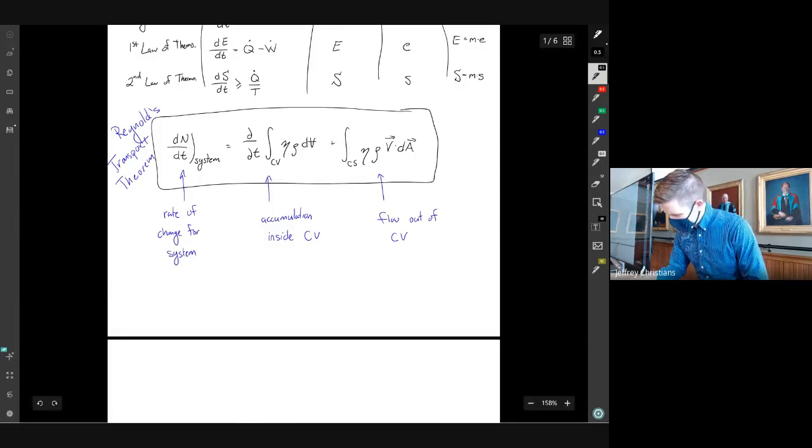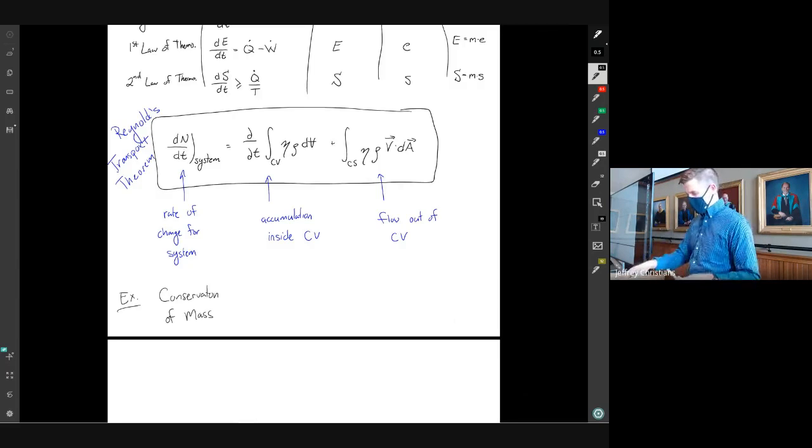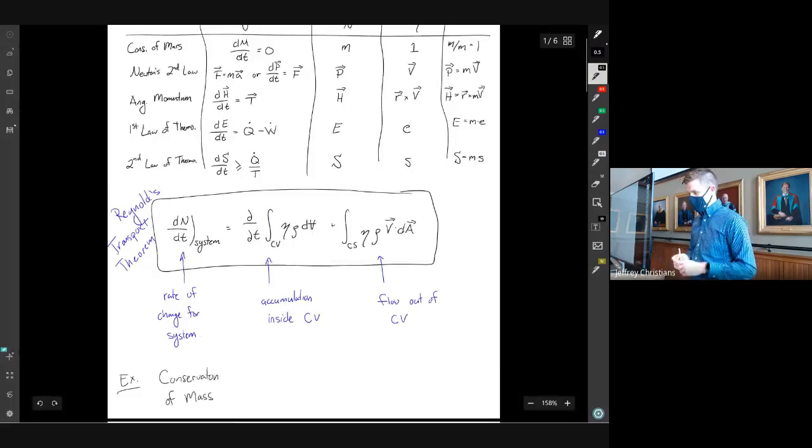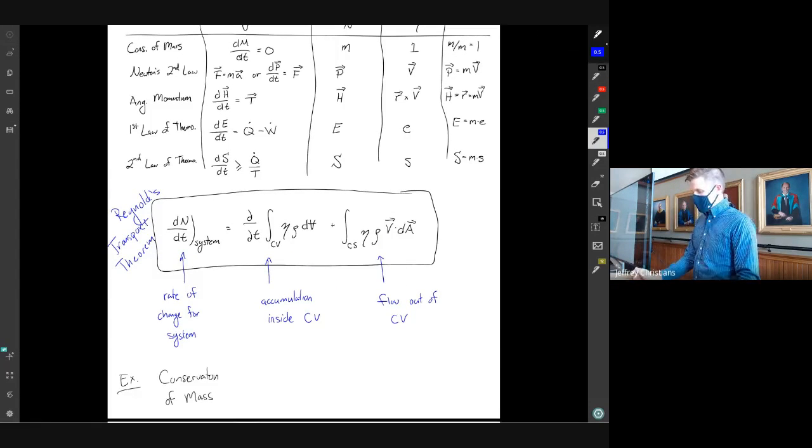For example, the conservation of mass. We already know what this should look like, but just to see how we use that table. We would pick out: what is the rate of change of mass for a system? That's this term right here, dm/dt, so that equals 0.